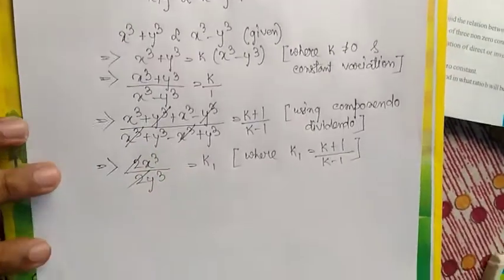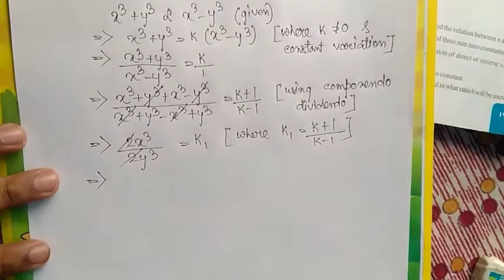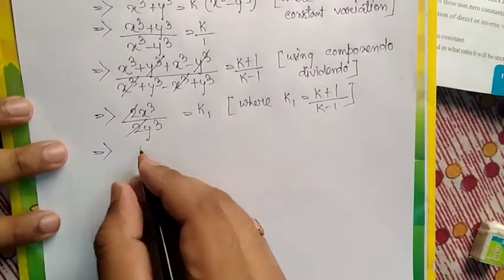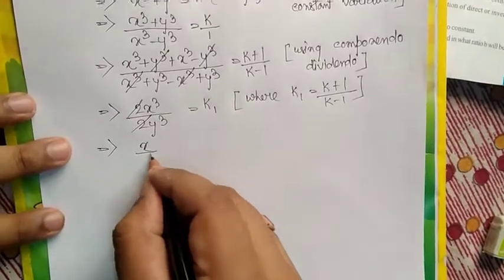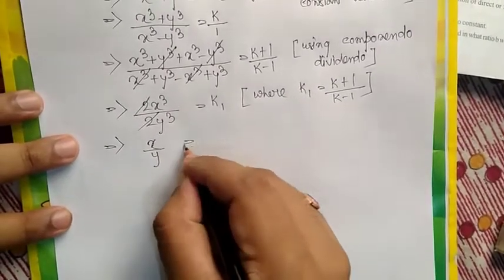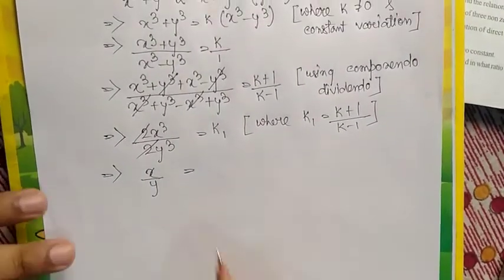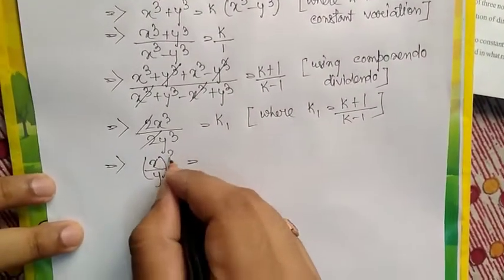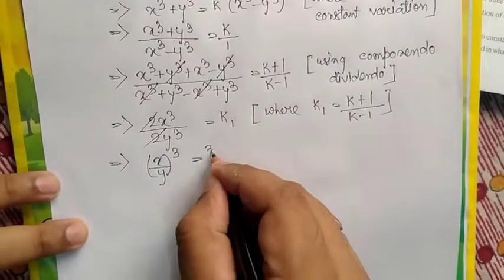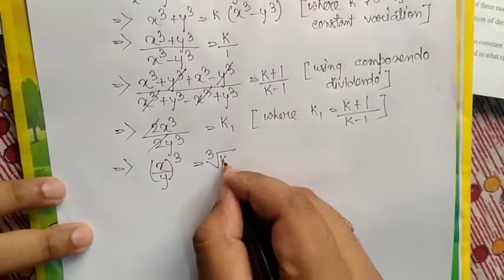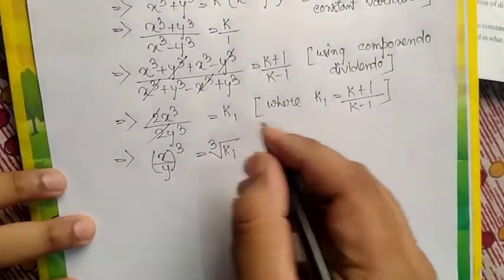After that, eliminating those, x by y whole cube equals k1.